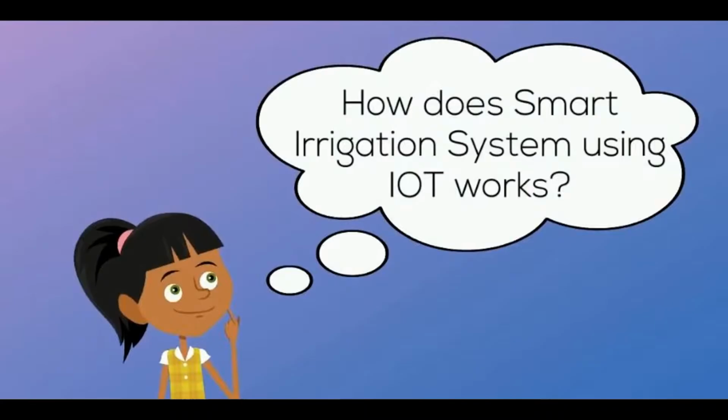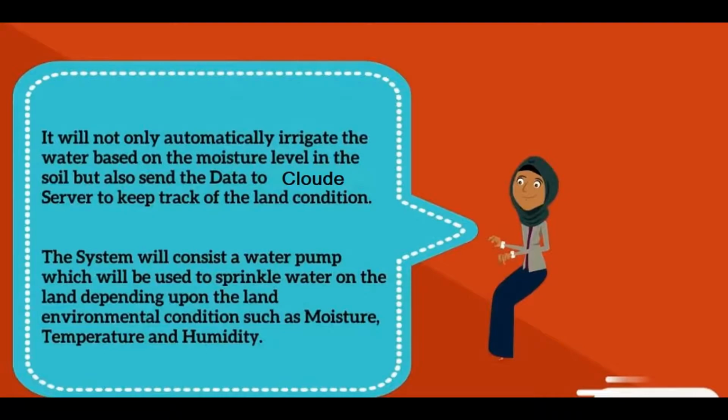Now, how does the smart irrigation system using IoT work? We have to discuss it. The working of the smart irrigation system using IoT is given below. It will not only automatically irrigate the water based on the moisture level in the soil but also send the data to a cloud server to keep track of the land condition.